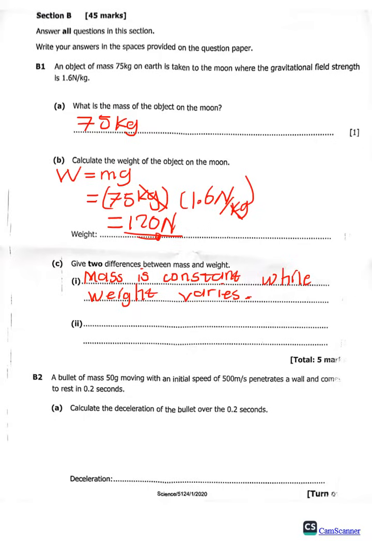Now for the second part, mass is a scalar quantity, while weight is a vector quantity.